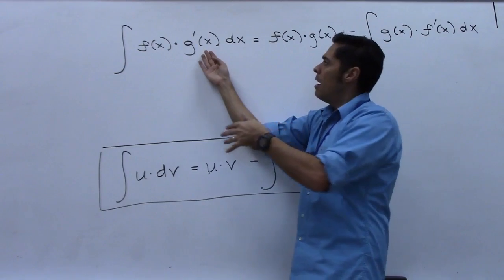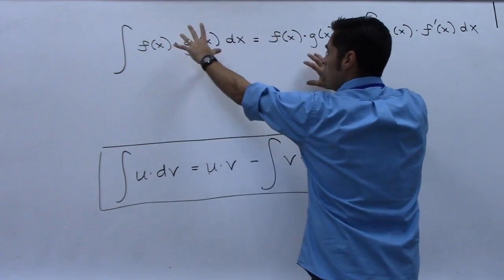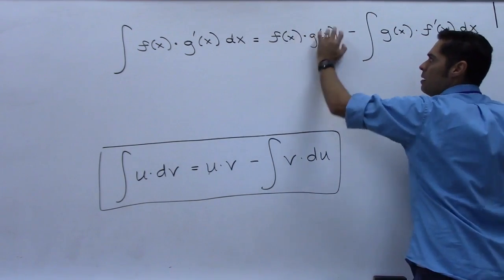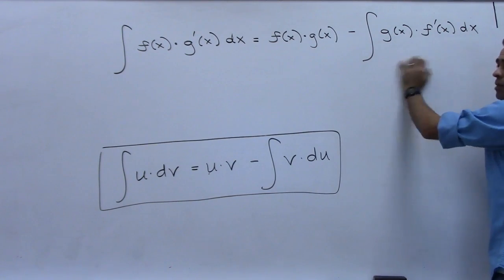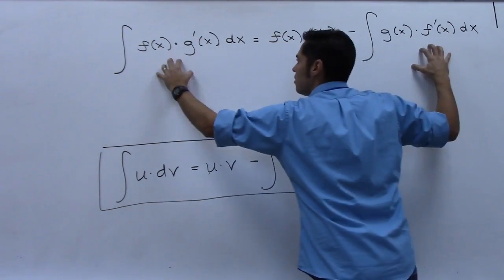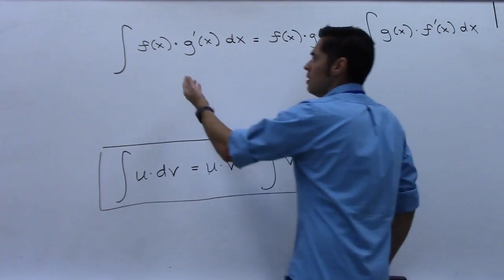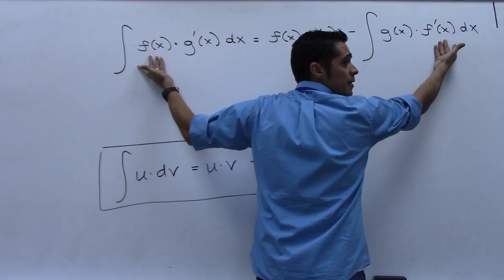Understand? And then, according to this formula, you can rewrite this integral as a new problem where this part has no integration in it at all, and you create a new integral. Do you see this is a brand new integral? What is the difference between this integral and this integral? It flipped. What flipped? The derivative. The derivatives switched, didn't they? In the first integral, this function that you identified, in the new integral, it's the derivative of that function.